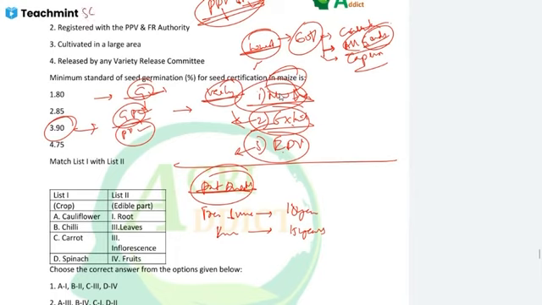It is again the Central Seed Committee. They will form the standards in a book called the Indian Minimum Seed Certification Standards, IMSCS. This is a book. It is also called the Blue Book, in which all the standards for different crops which are eligible for certification are there. Based on this reference, the field inspection is done and seed testing results will be compared, and then it will be decided whether the variety is certified or not.